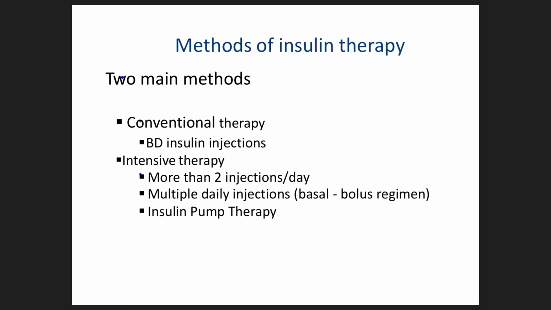From the year 1993, there was a big trial worldwide called DCCT. D means diabetes, C control, another C complication, trial: DCCT. This trial was done over 10 years in Europe, America, Canada, and a lot of Western countries.